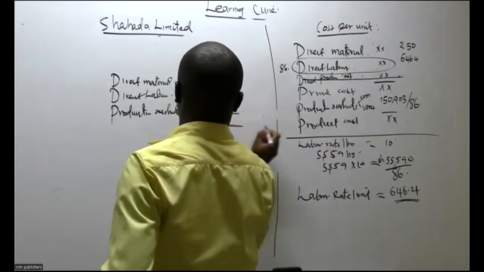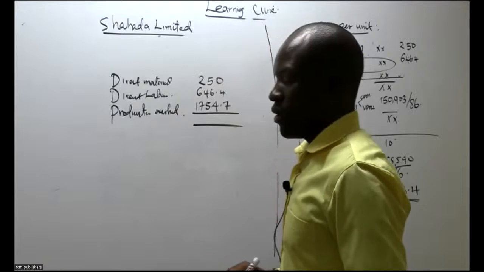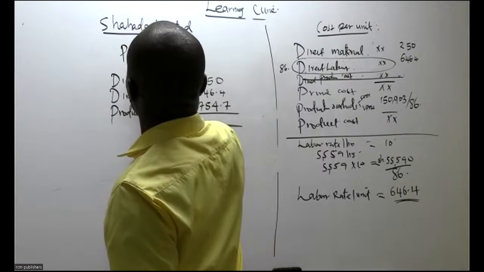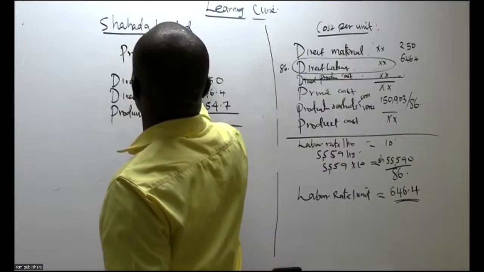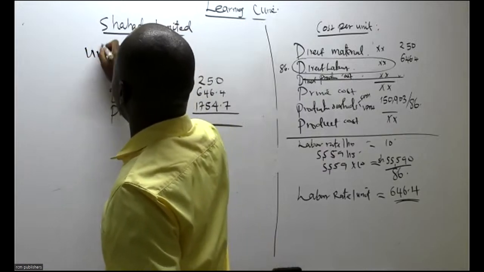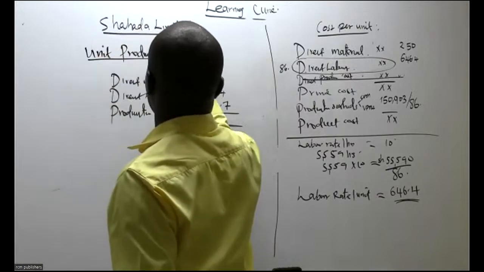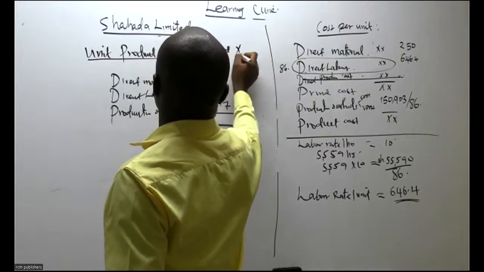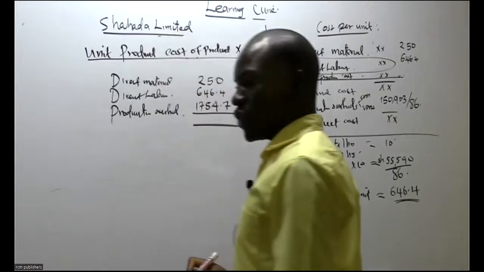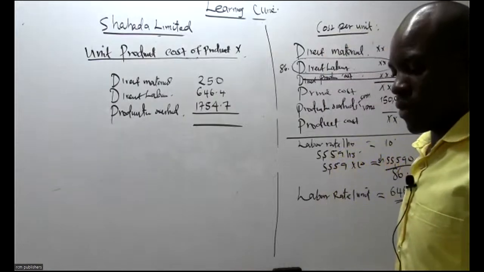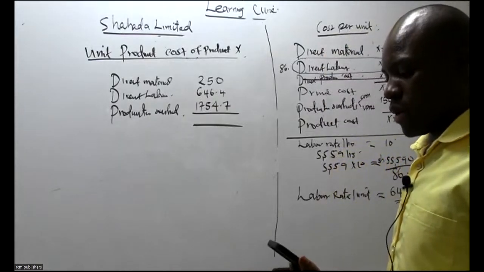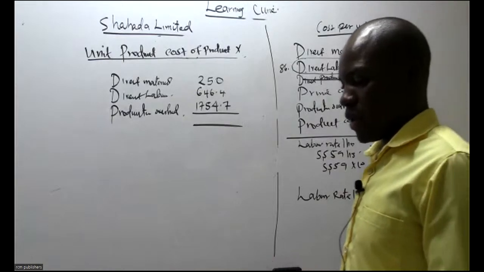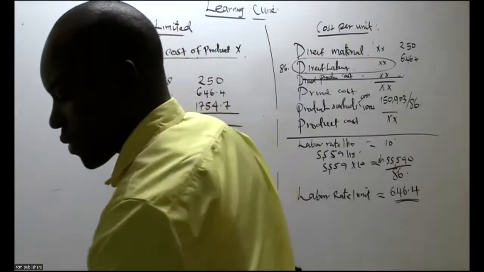When we add all that, what will you have? So just say unit production cost of product X. What total do we get?